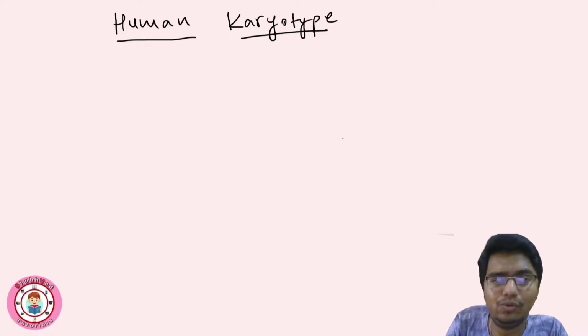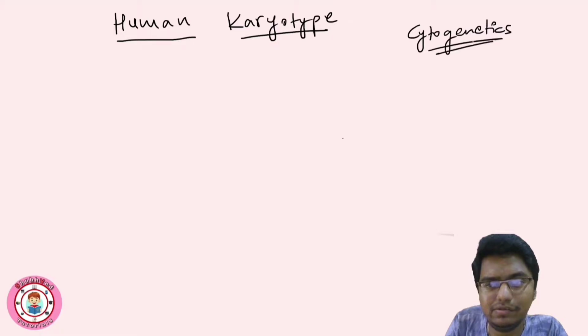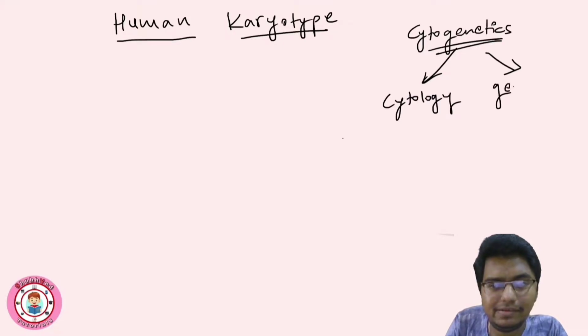From this video, we are starting with the cytogenetics part, and in that we study human karyotype. Basically, first of all, what is cytogenetics? Cytogenetics is a word combined from two branches, that is cytology and genetics.